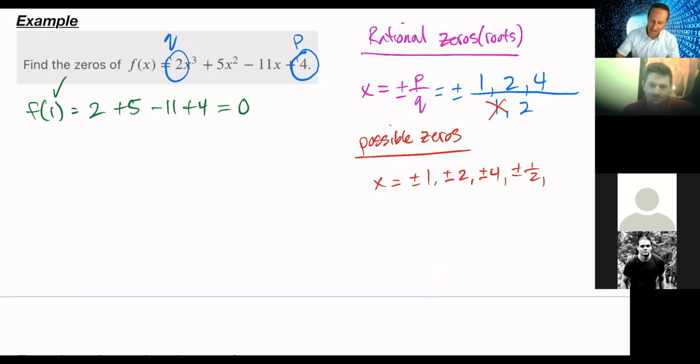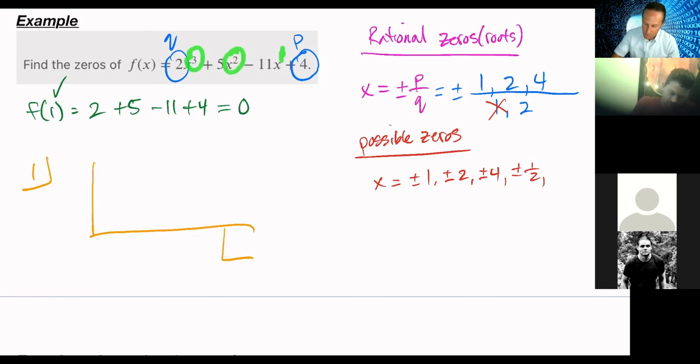So at this point, I'm going to take what I already know, and that's that 1, and use it to find what would be remaining. So I'm going to use my synthetic division. I already know that 1 works. And I'm going to check 3, 2, 1, 0. I'm good. I got everything accounted for.